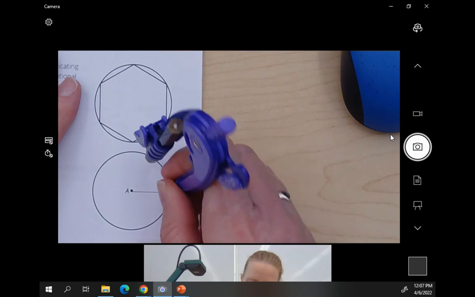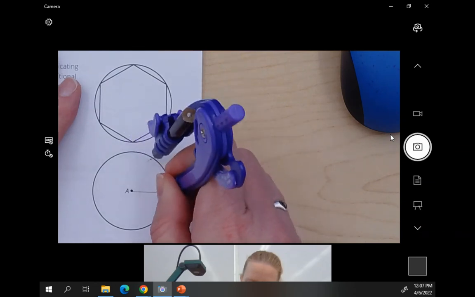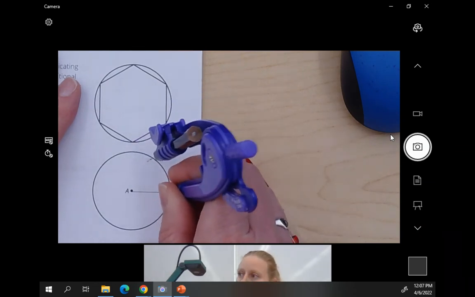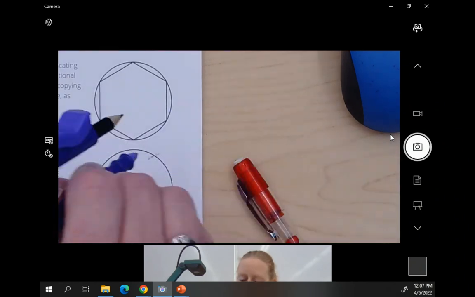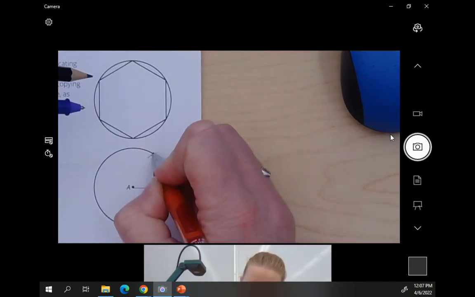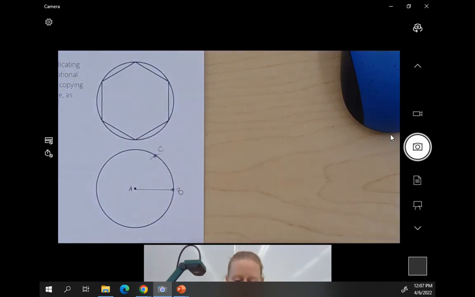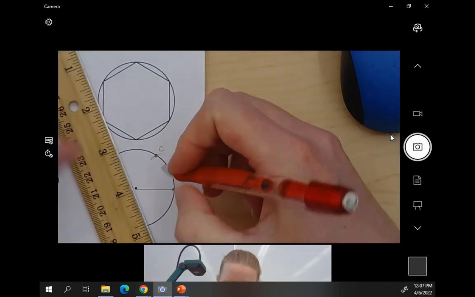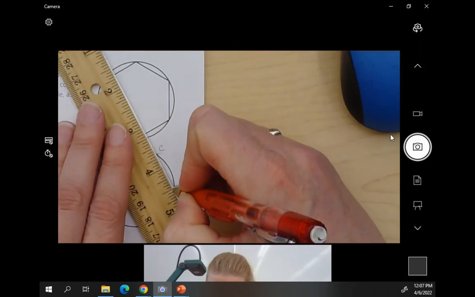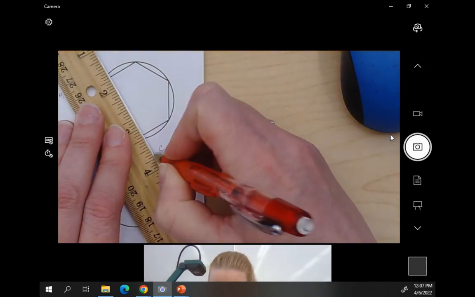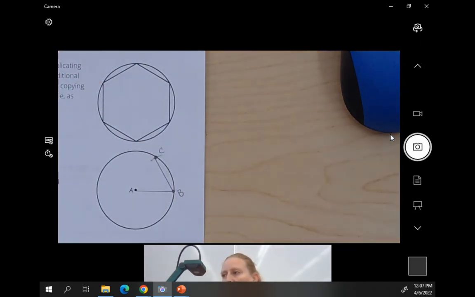Put my pointy guy here. Make a little mark. And I think we called that C, right? Now don't lose this length on your compass. You have made a chord. That's just a line segment with its ends on the circle.